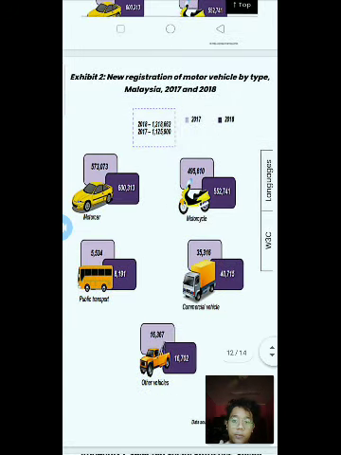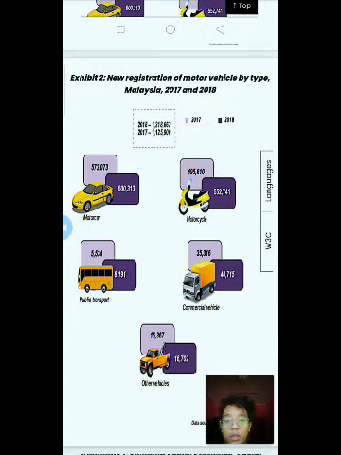In 2017, the total registration of motor cars is 500,073. But in 2018, it's over 600,000. You can see motorcycles are below 500,000, but in 2018 it's a little above 500,000, a little bit higher than the previous year.